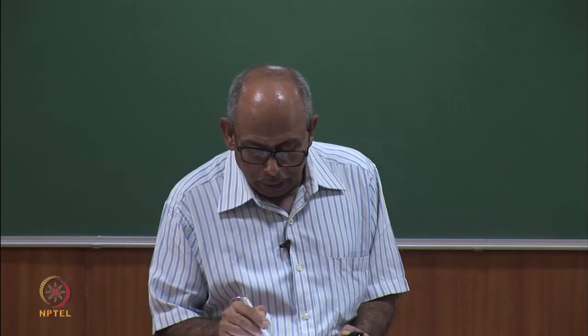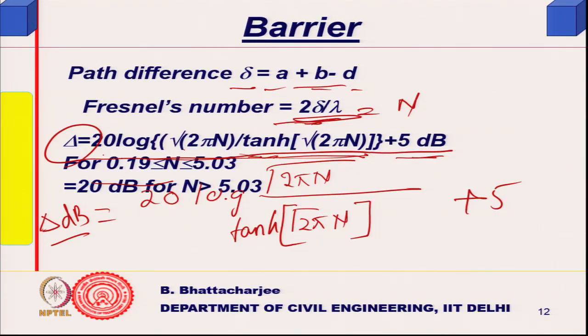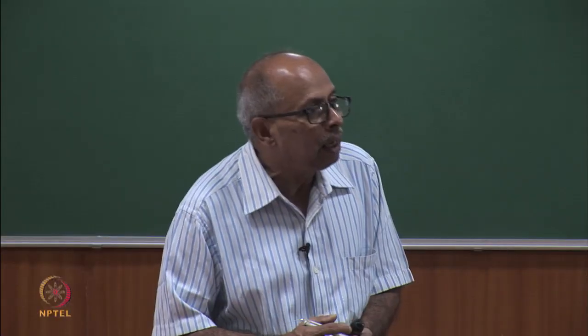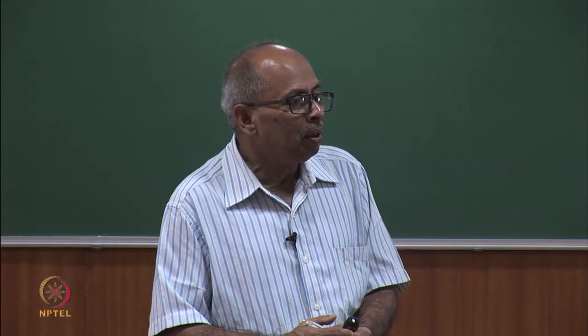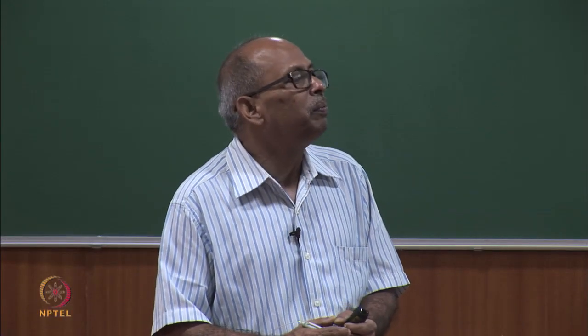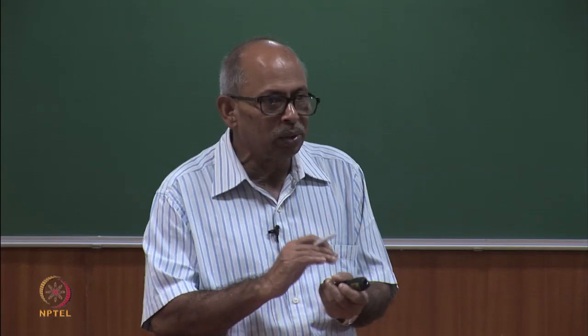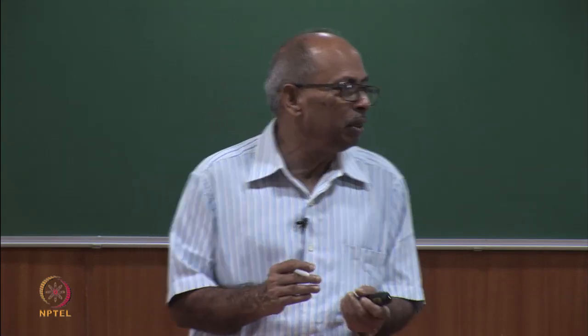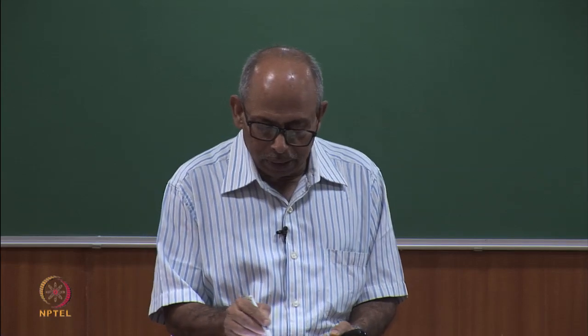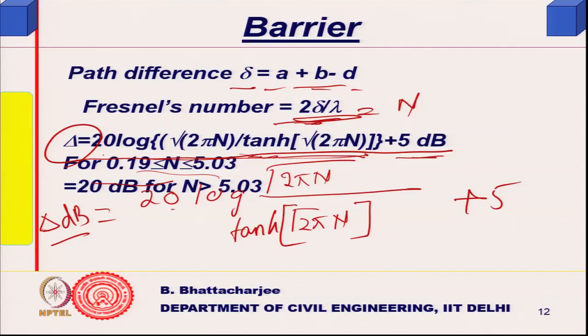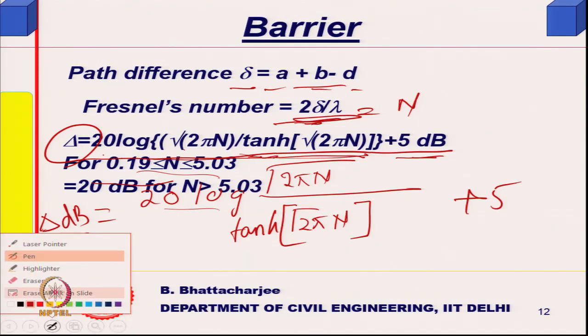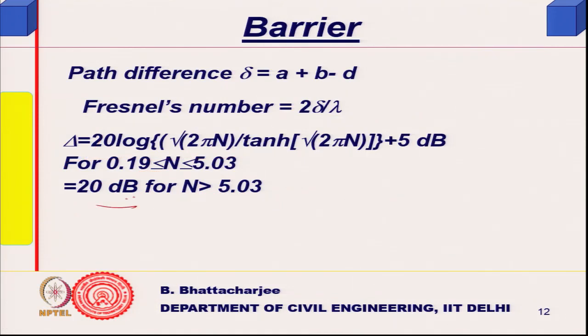So, 20 dB for n greater than 5.03. There will be hardly any delta if n is less than 0.19, the effect practically would not be there, because your height is so small that the path difference is practically not there. So, this is valid between these, and for n greater than 5.03 you take flatly 20 dB.